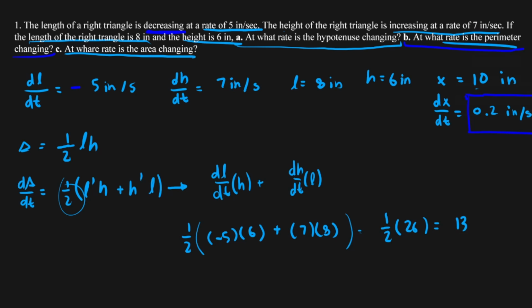So the rate at which the area is changing is equal to 13. The units for this are going to be inches squared per second, because we're dealing with area. Units are pretty important. And this is the final answer for part C.